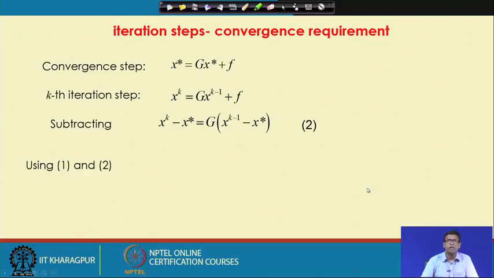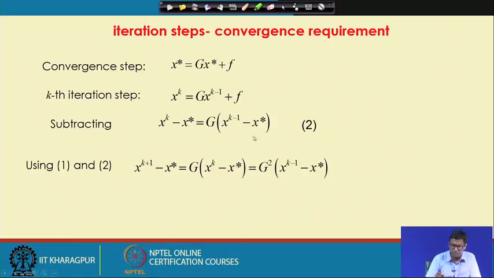And now using 1 and 2, we can write x_k minus x star is equal to G of (x_(k-1) minus x star), what we got earlier, and we have also seen that if we carry on this relation, x_k minus x star is G of (x_(k-1) minus x star). So, this will be G squared (x_(k-2) minus x star).